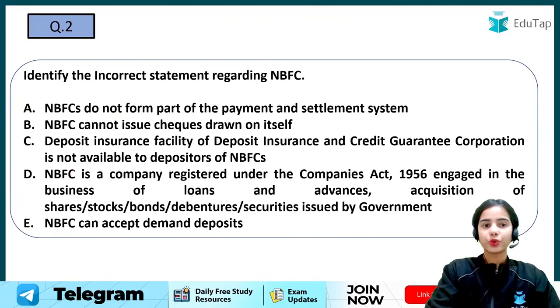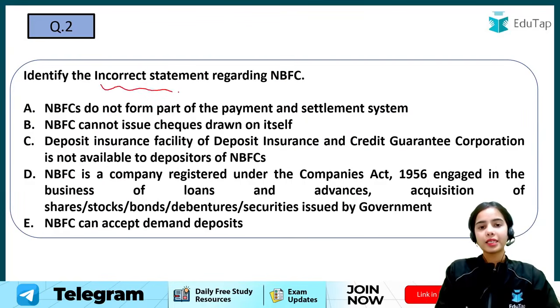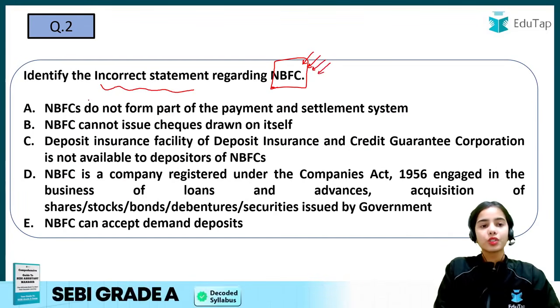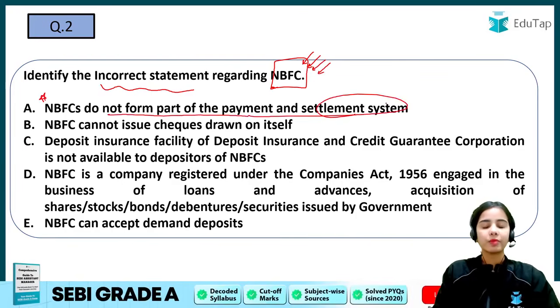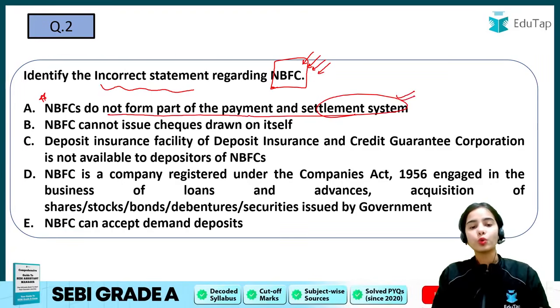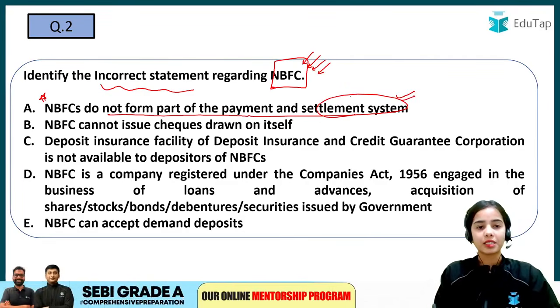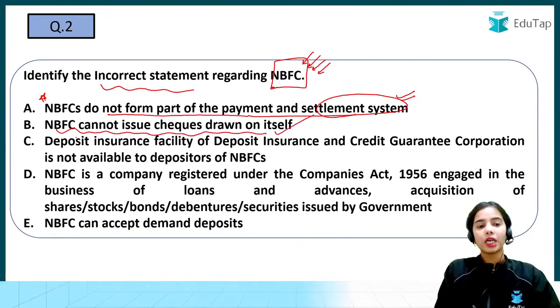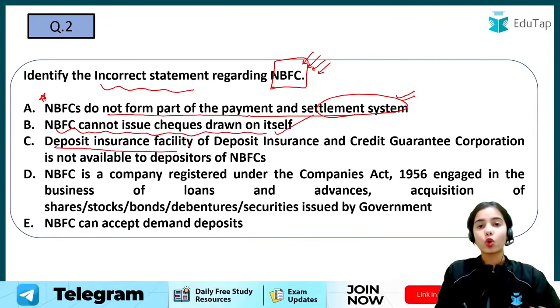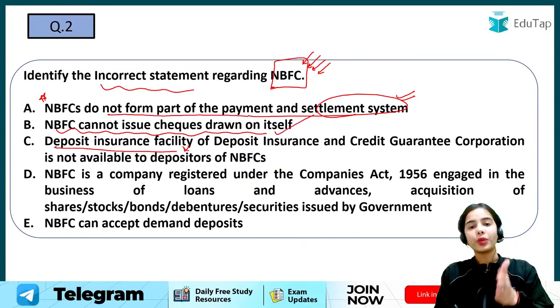Now let's go to the next question, that is regarding the incorrect statement regarding NBFC, the non-banking financial companies. The NBFCs do not form a part of the payment and settlement system. Absolutely correct. NBFCs also cannot issue checks drawn on themselves. Deposit insurance facility is not provided for the deposits that you are doing in the NBFCs.